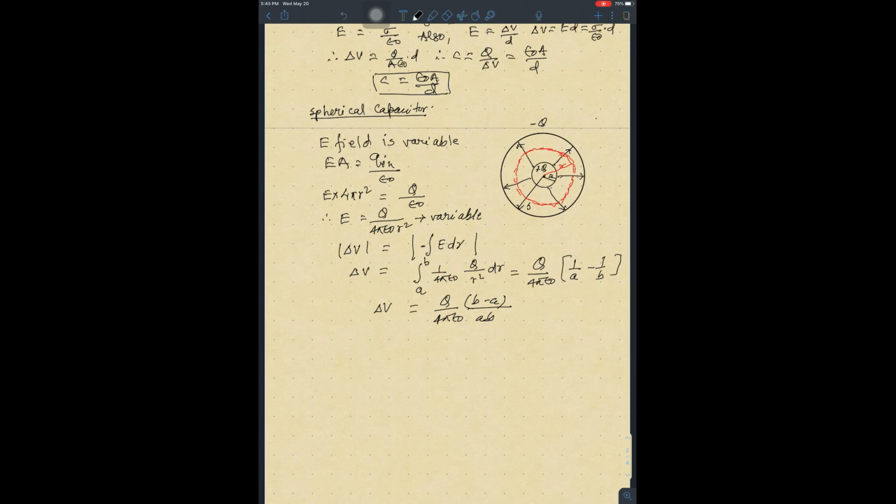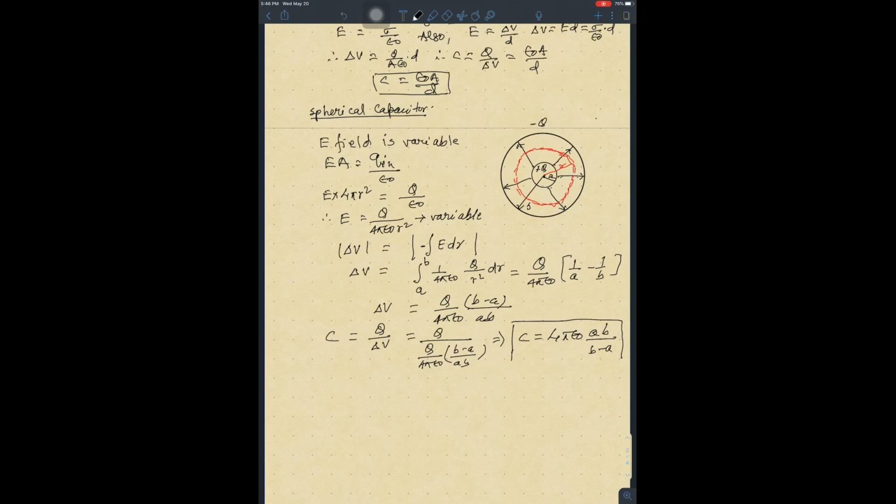What is the next step? The fourth step that we have to follow: capacitance C is equal to Q by delta V, that is Q by Q over 4 pi epsilon naught times B minus A by A into B. So we are getting C is equal to 4 pi epsilon naught AB by B minus A, which is our answer.